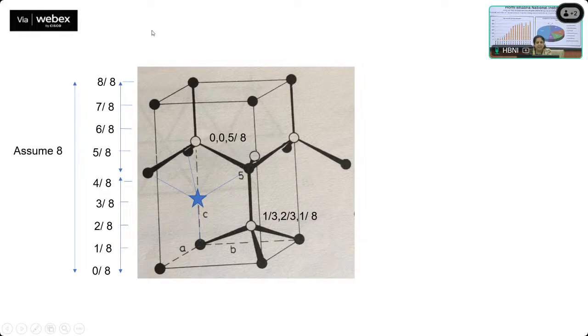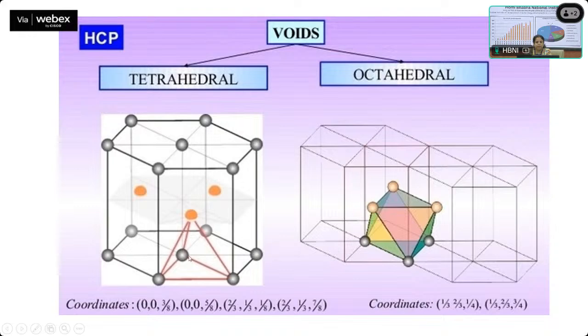Suppose this is my z axis, and I divide it into 8 equal portions. This is 0 by 8, 1 by 8, 2 by 8, 3 by 8, 4 by 8, 5 by 8, 6 by 8, 7 by 8 and 8 by 8, which is 1. So I'm playing between 0 and 1. Now we were talking of this particular tetrahedron. The top vertex is actually 4 by 8, right?